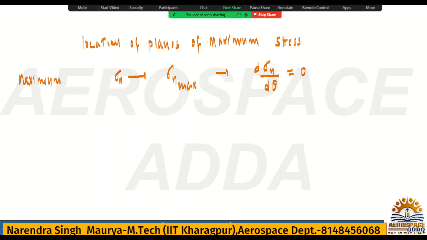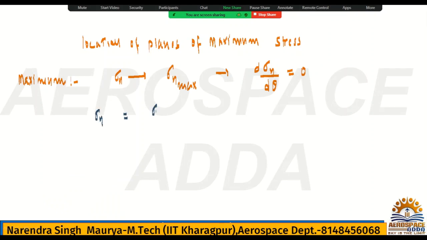To maximize any function, you take the first derivative and make it equal to 0. That means slope equal to 0, and where the slope is 0, you are achieving the maximum condition. The same thing applies for the minimum condition also. Now only the steps I will write, because differentiation you do on your own.